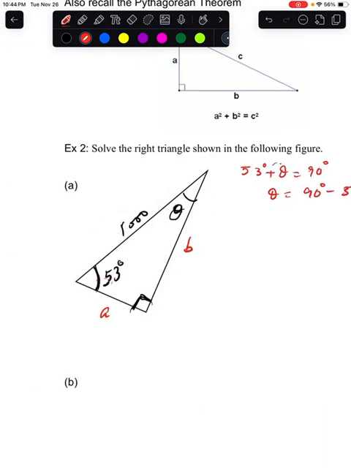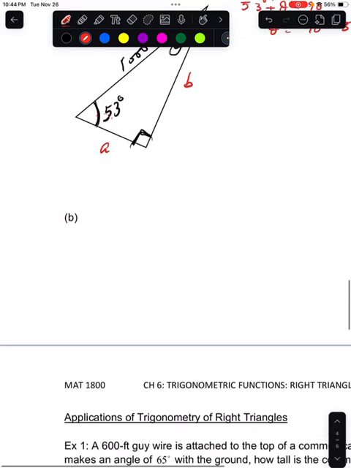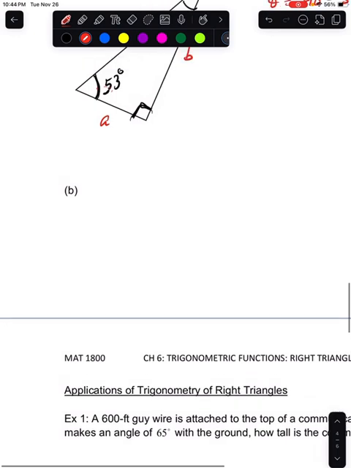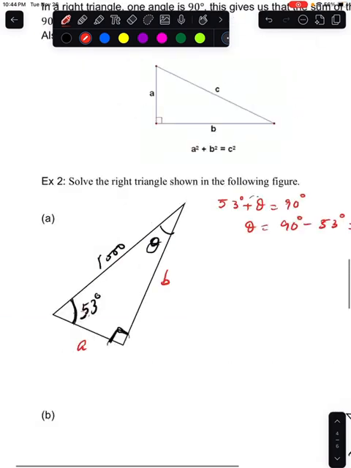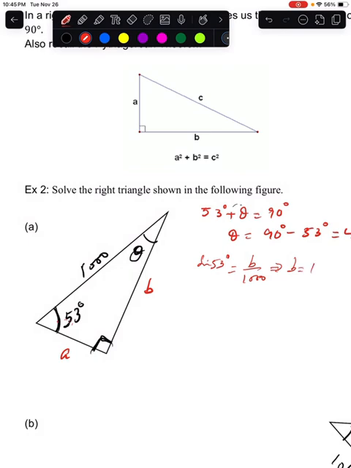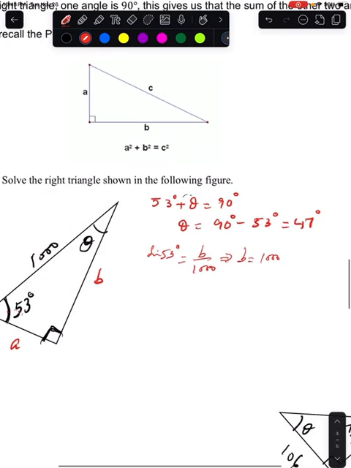There are a few possibilities. You can write down that sine of 53 degrees is equal to B over 1000, which gives you that B is equal to 1000 times sine of 53.